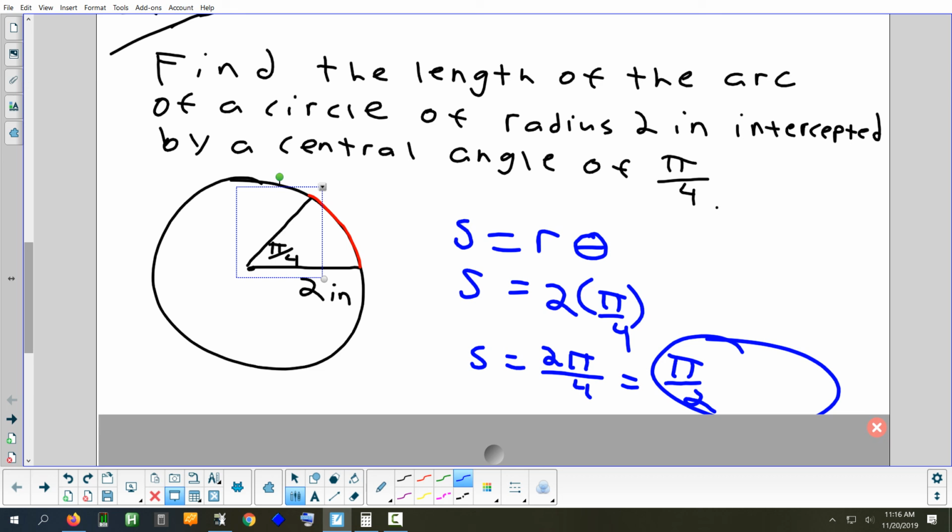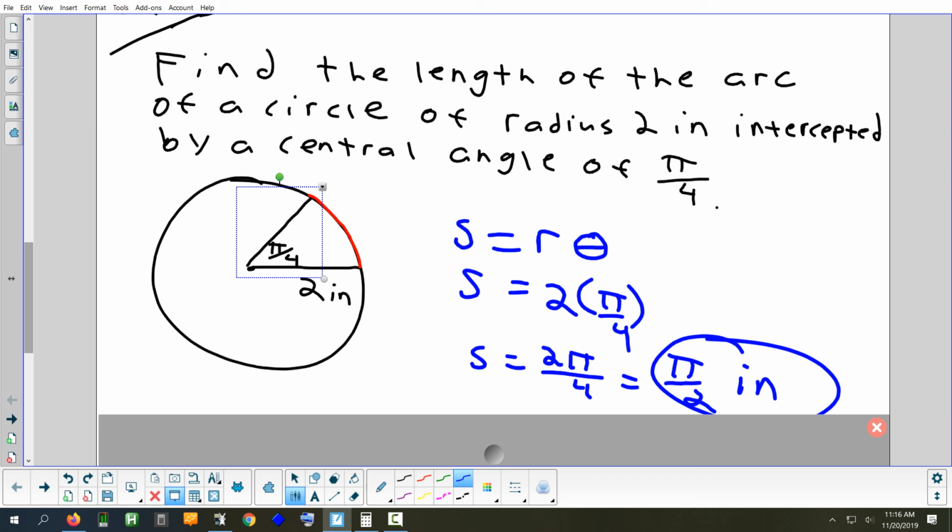If you're finding, there's 2 options in this formula. You either have an angular measurement or a length measurement. That's length. Length in this problem is inches. It's pi over 2 inches. If they wanted it as a decimal, you could plug that in, use the pi button, divide by 2, and you'll get about 1.57 inches. They didn't say to do a decimal here, so I'm not going to bother.